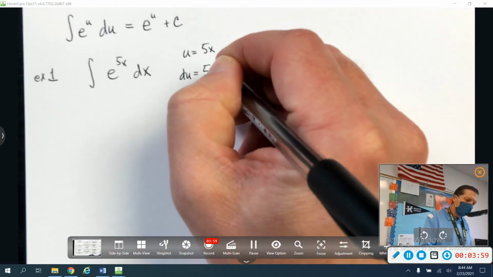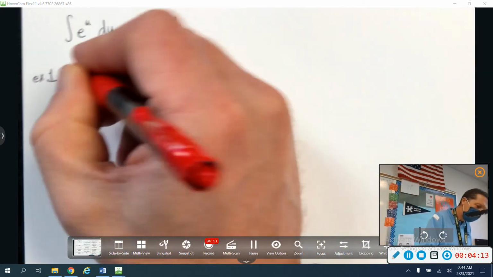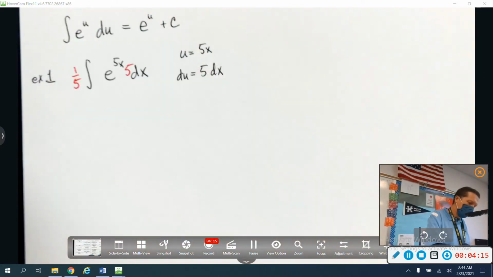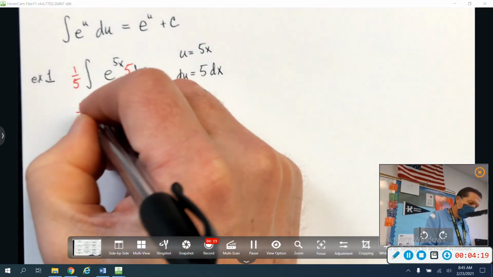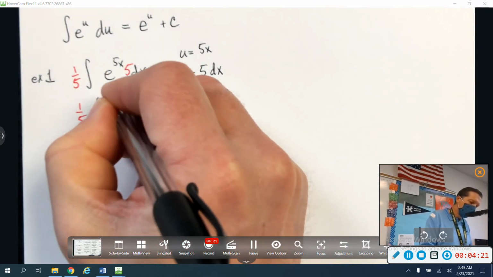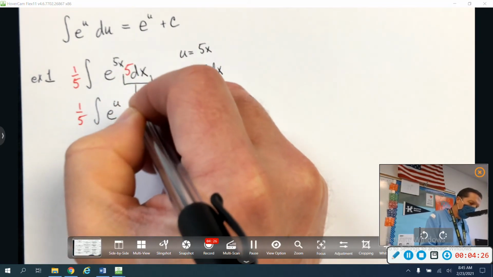So du is 5 dx. So what do I need to do to fix my integral? Yeah, put a 5 in there and a 1/5 out front. So now I've got 1/5 integral of e to the u du.